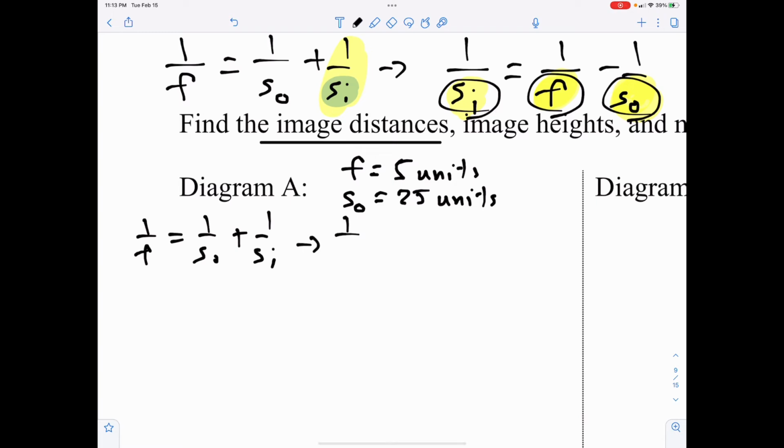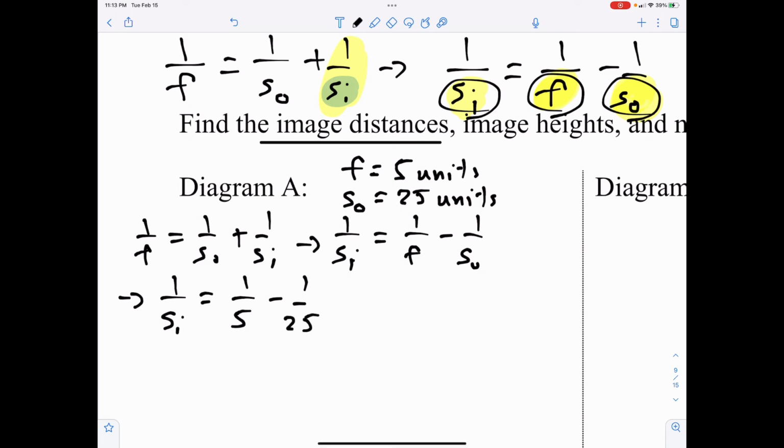To solve for SI, 1 over SI would be 1 over the focal length minus 1 over SO. So 1 over the image distance is equal to 1 over 5 minus 1 over 25. Wait, I keep saying 5. It's not 5, I'm sorry. The focal length was 10 units on diagram A. My mistake. Please correct that.